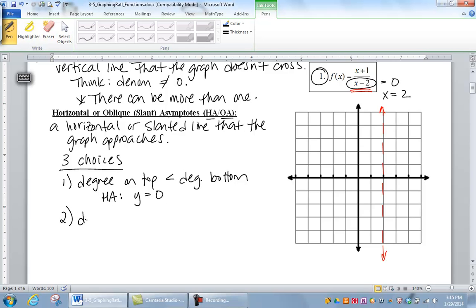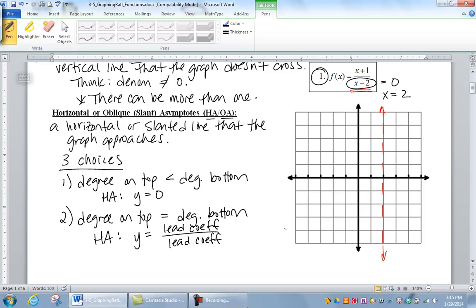If the degree on top equals the degree on the bottom, then in that case, the horizontal asymptote is y equals the lead coefficient of the numerator divided by the lead coefficient of the denominator.